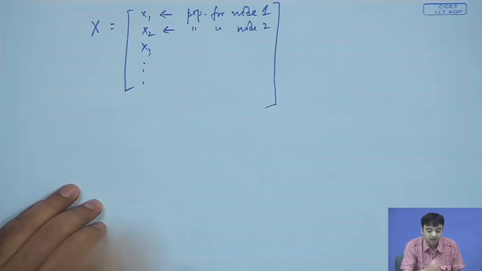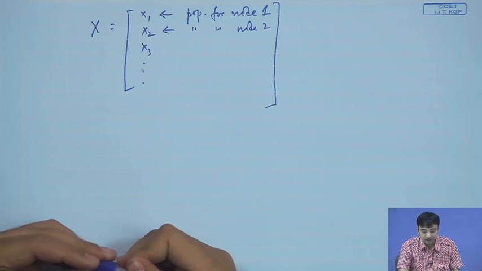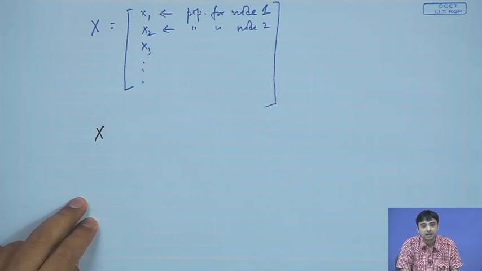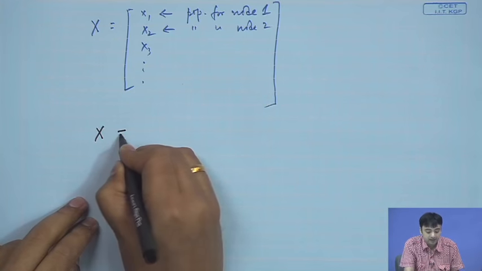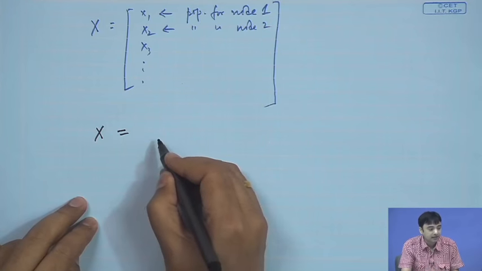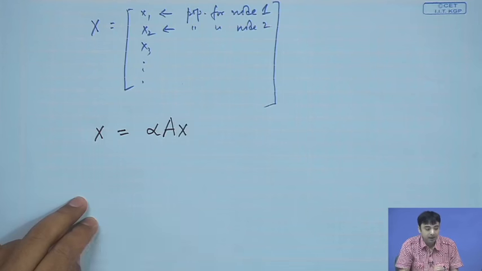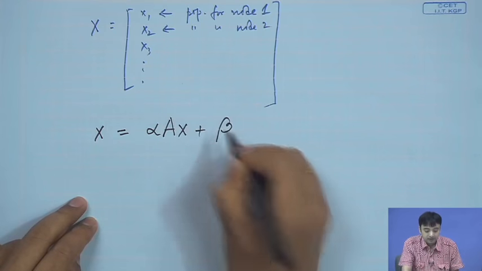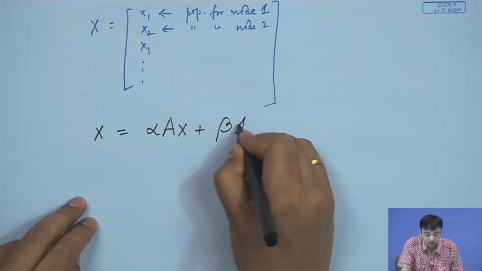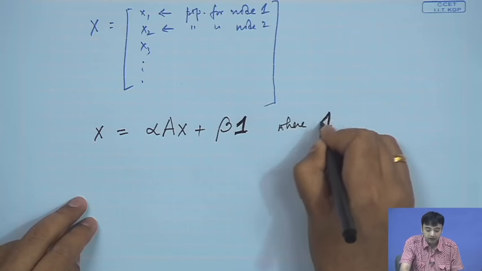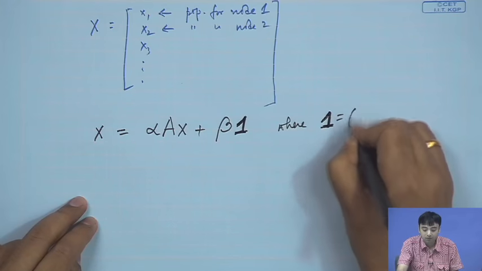So, this is my vector of popularities. So, given the formula that we have written just now, we can immediately write the following expression as I have already written also on the slides: x = alpha A x + beta 1, where 1, the bold one that I am writing, is the vector of all ones.